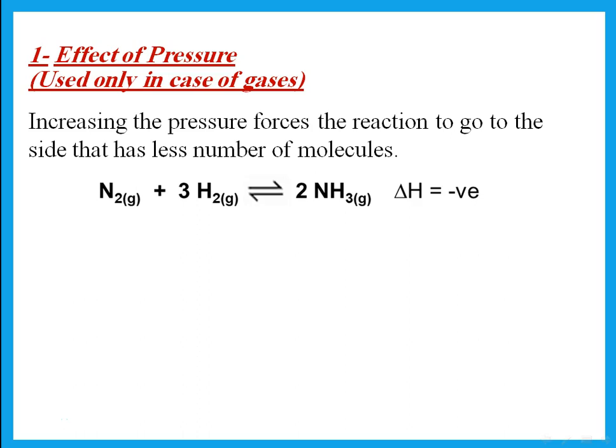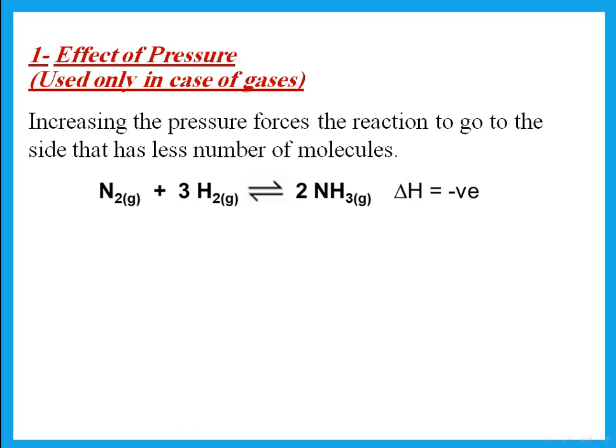What should I do to the pressure to force a reaction to go to one side rather than the other? If I increase the pressure of a reaction made up of gases, that means you're pressing the molecules nearer to each other. That means you're making them more crowded. They would want to go to the side that will make them less crowded.